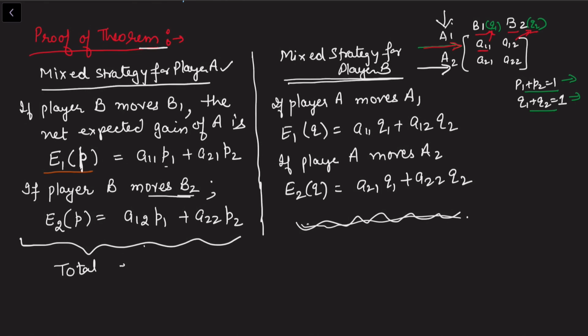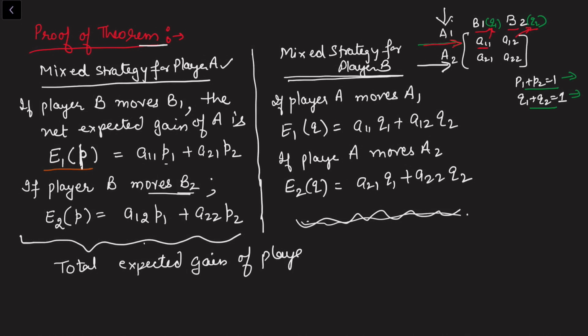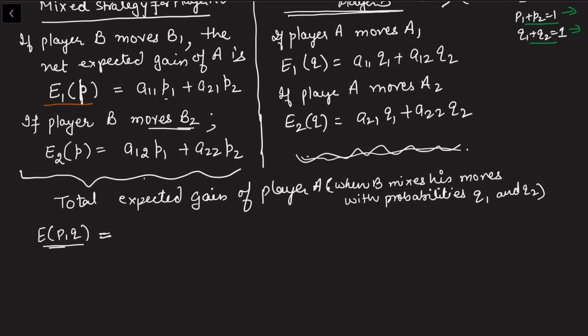The total expected gain of player A is E(P,Q), because the selection of player A also counts player B. Both probabilities are involved, P and Q, for player A and for player B. Now let us see how we write the total expected gain of player A.